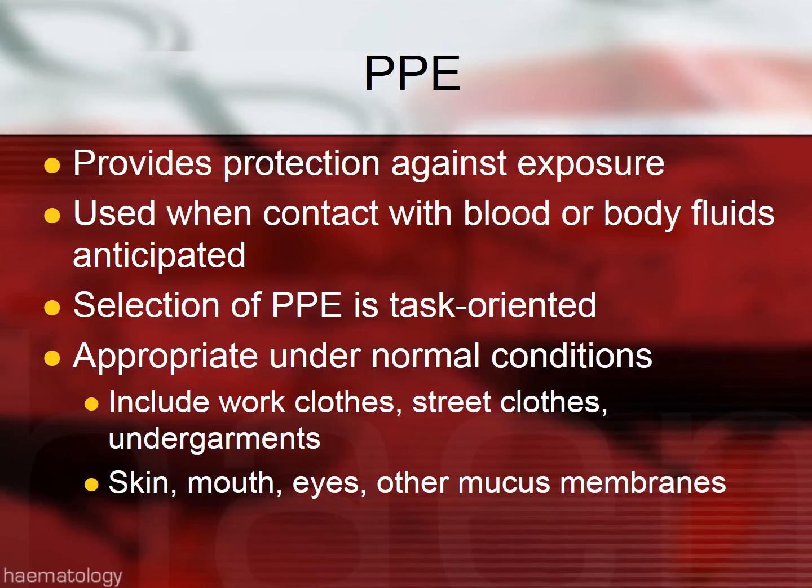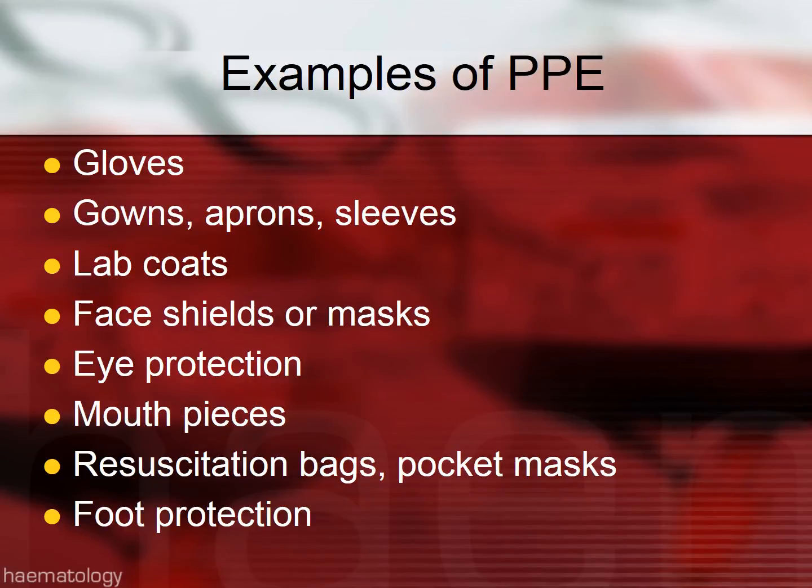If they're actually helping with regard to first aid, then we need to make sure that their mouth, their eyes, their skin, all of that is covered when they're assisting with that. And so these are some examples of PPE that you might see listed in there. And it totally depends on what that is. And I do see we had mouthpieces down there, resuscitation bags, and pocket masks.